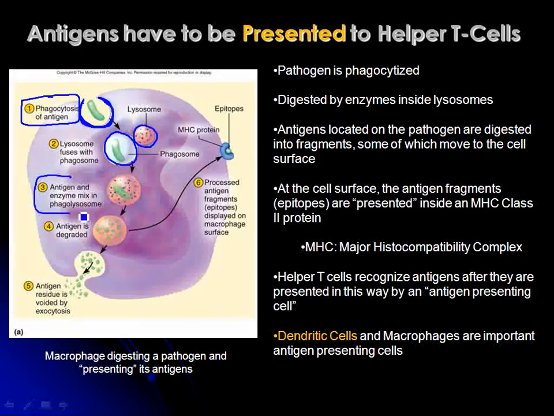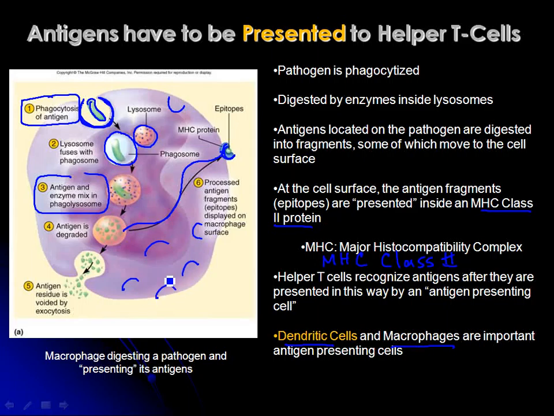So that includes the antigens that were located on the surface of that organism. They're getting chopped up into little pieces, and then some of those pieces wind up getting displayed on the surface of the macrophage or the dendritic cell within the MHC class II proteins. That should be MHC class II. Yeah, there we go. Inside an MHC class II protein, like we talked about before, except you would have those MHC proteins located very frequently all over the surface.